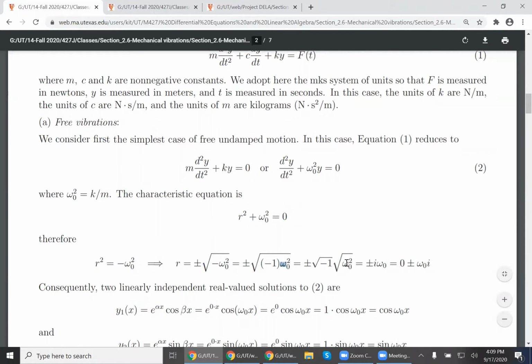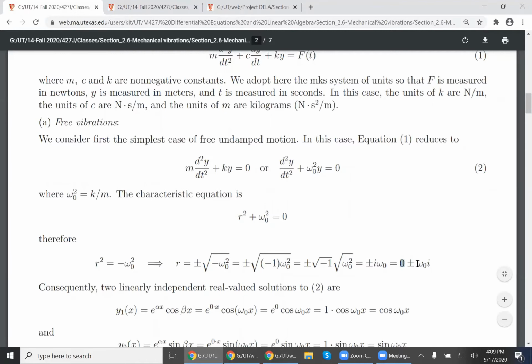Root of the product is the product of roots. We replace square root of negative 1 by i. Square root kills square, so what is left is omega 0. And we can rewrite this as 0 plus minus omega times i.